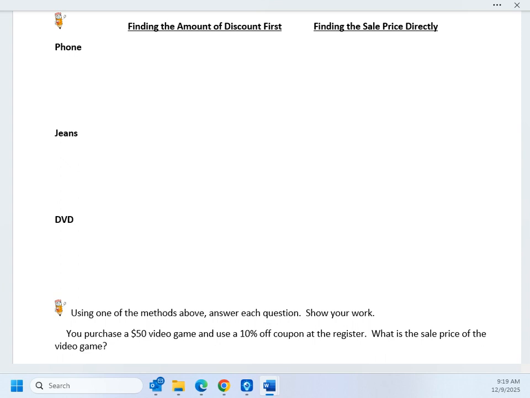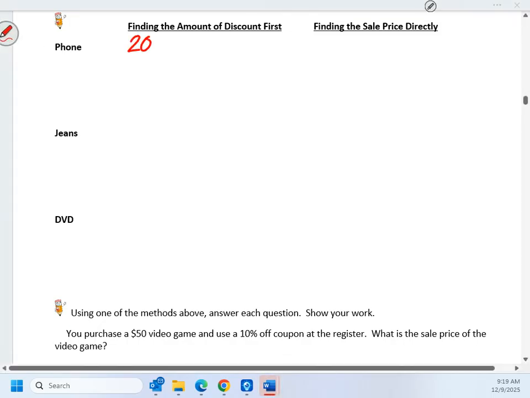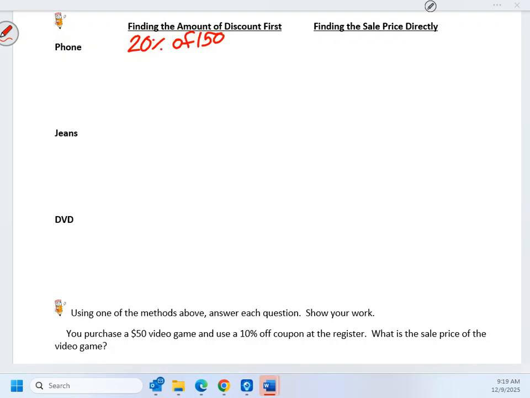So what is 20% of 150? That phone was 20% off. So 20% of 150, this is the math we did in our last objective. Audrey, how did you figure that out? Not 150 minus 30. We do the math that we did the last time.